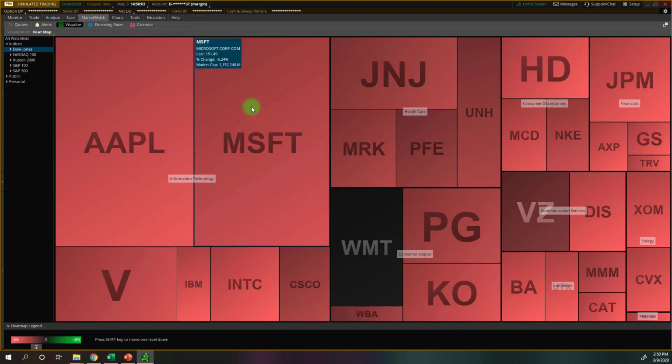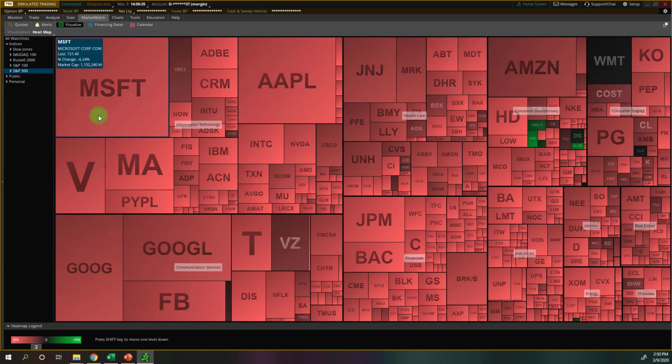Again, think about the size of the market cap. The size of these boxes are having almost relatively no effect compared to the effect that Boeing is having, this small company, just because it's a very high-priced stock. But now if we go to the S&P 500, you'll see that even though you have some fairly large boxes in here, large market caps, it is accounting for that in the calculation.